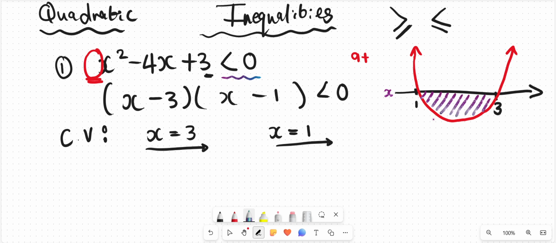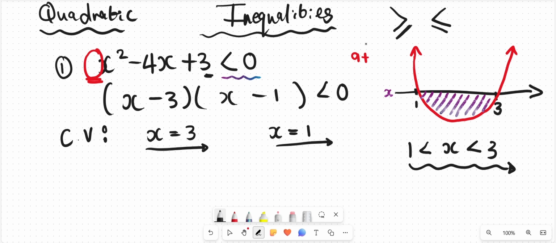And if you look below the x-axis, the range of x values are between 1 and a positive 3. So how do we write that as our final answer? We say that x is greater than a positive 1, but it's less than a positive 3. And that's our final answer. All right, I hope that makes sense.